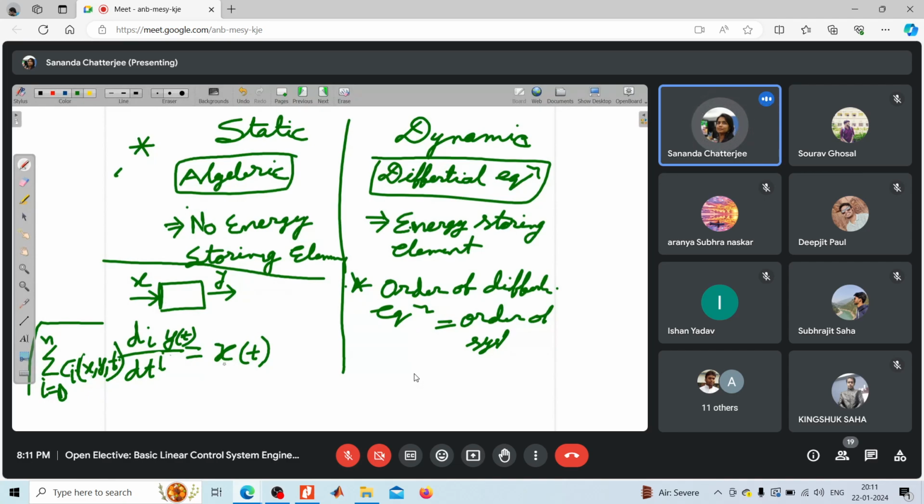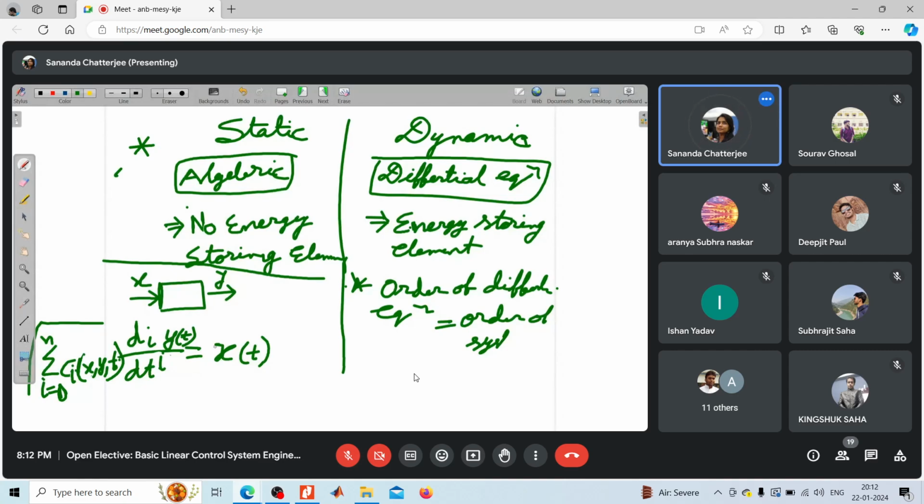Therefore, if we provide an input x1 and we get output y1, then again I provide an input x2 and get an output y2, then the superposition of these two inputs will result in a superposition of the outputs y1 and y2.